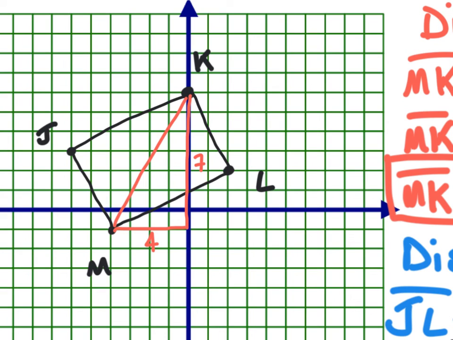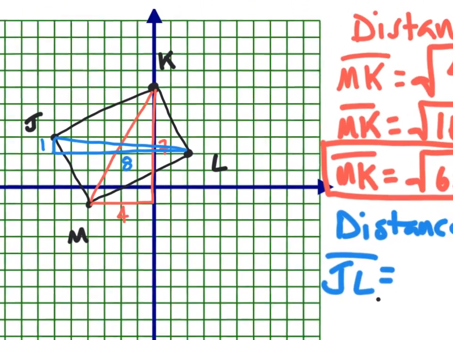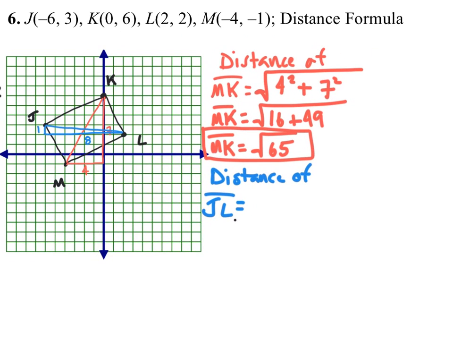And this one is if we draw the right triangle, if we connect those 2 points, and then draw a right triangle here, we get that this is a 1 by, 1, 2, 3, 4, 5, 6, 7, 8. Now, those aren't the same triangles, but we want to see if those are congruent. So let's use the distance formula, or Pythagorean theorem. And so I get the square root of 1 squared plus 8 squared.